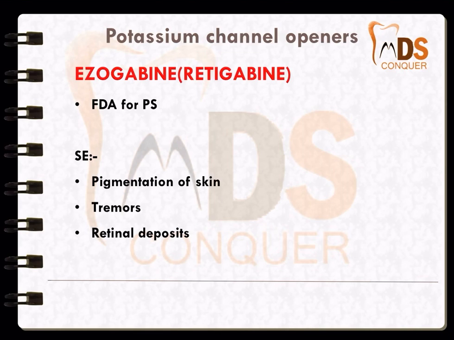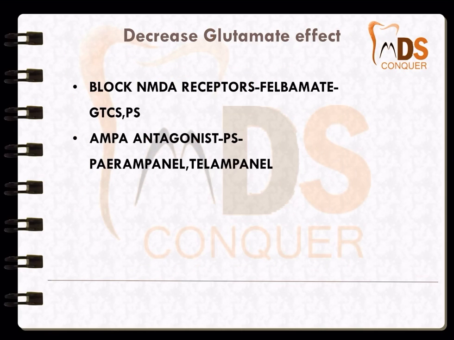Okay, so this is a drug that is ezogabine. Okay, side effects include the retinal deposits and pigmentation and decreased glutamate effect. Okay, so these are the important drugs that are given, the felbamate. Okay, and other drugs like AMPA antagonists, that is the drugs like perampanel and all that. So just give a glance to it.